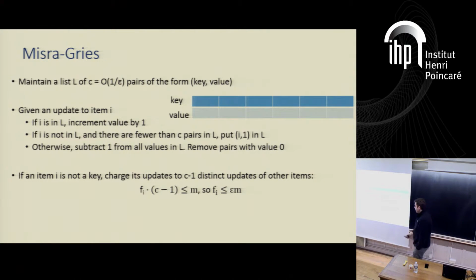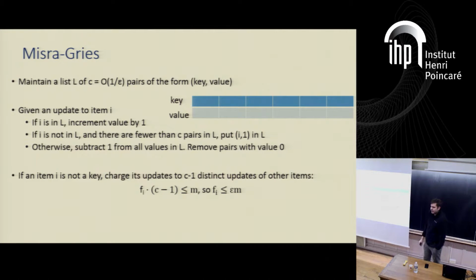So the basic observation is the following, that you can get good estimates to each frequency by charging its updates to values that were decremented in this third step. Let me explain that. Suppose at the end of the stream, item I does not occur inside of this list.